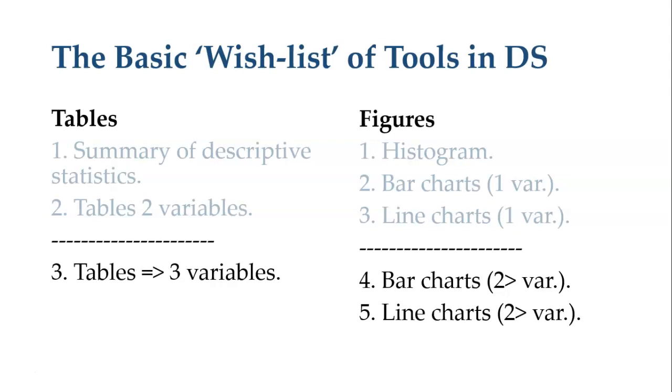I split these topics because tables are to some extent easier to prepare than figures. It's not that figures are super hard, but you need a new skill that I'm going to teach you, how to prepare data frames. And there are more details when you want to have a beautiful or aesthetic figure.